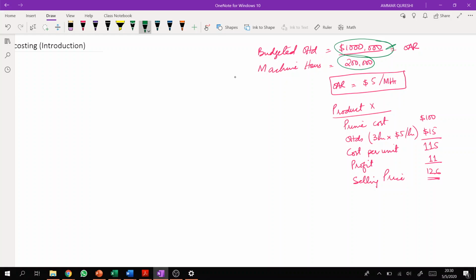Let me give you a very basic example. For example, there is a quality control cost, right? Now, if there is a quality control cost included in this $1 million overhead, then quality related cost has nothing to do with the machine hours. For example, you have machine setup cost. It has nothing to do with the machine hours. For example, you have a cost which is related to purchase of raw material.